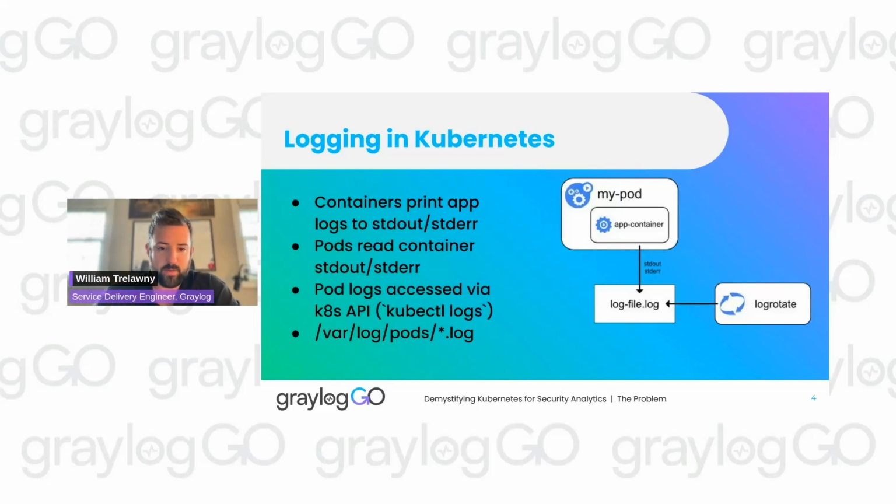All the individual containers' logs are written on the Kubernetes host by default at /var/log/pods and then the container name .log. And as you can see in the diagram on the right, which I pulled straight from the Kubernetes documentation, there is a log rotation mechanism built into Kubernetes that manages the log file lifecycle.